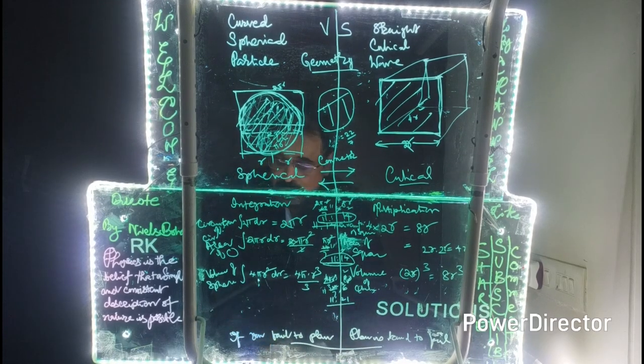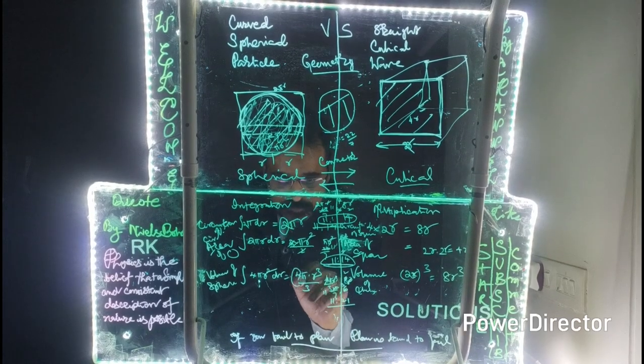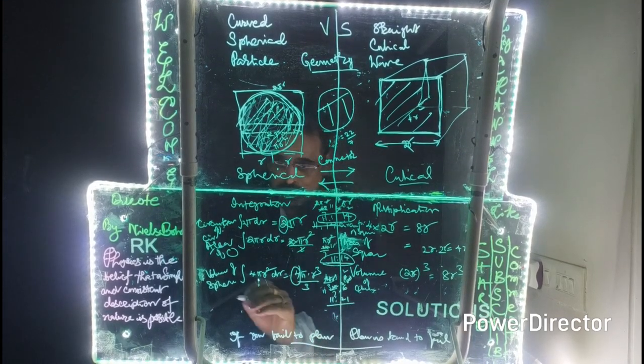Now we will integrate again. Here we took 2 pi, here we took 4 pi. So logically, what should we take next? There are two ways.